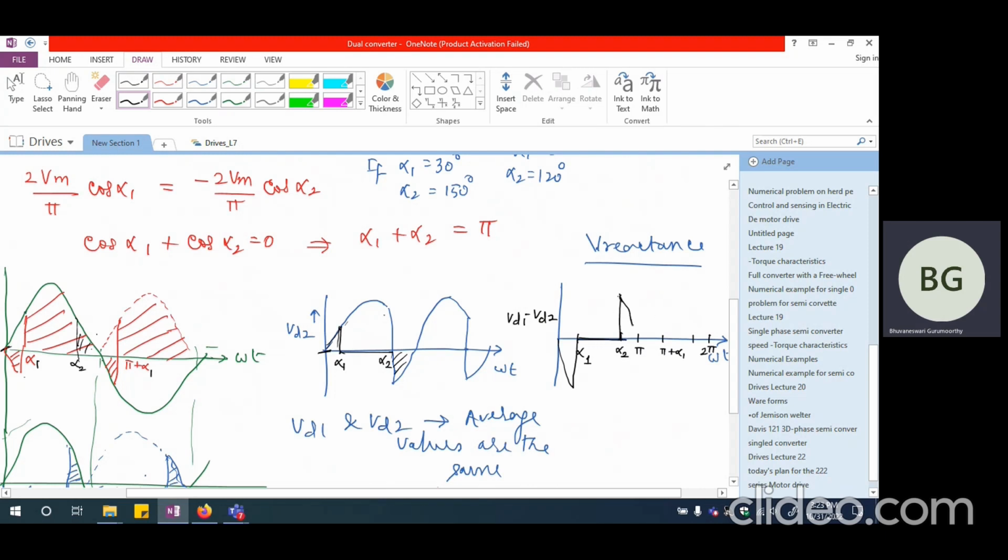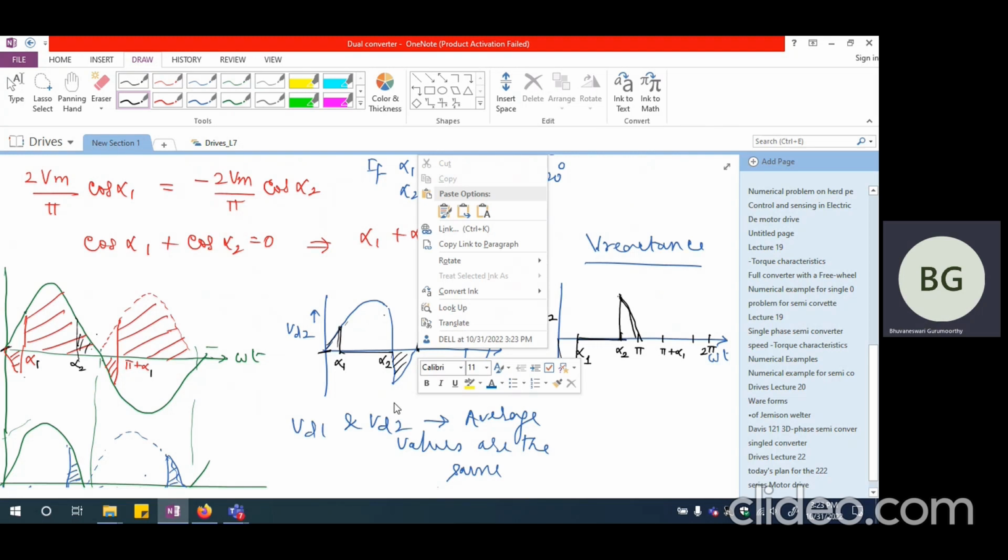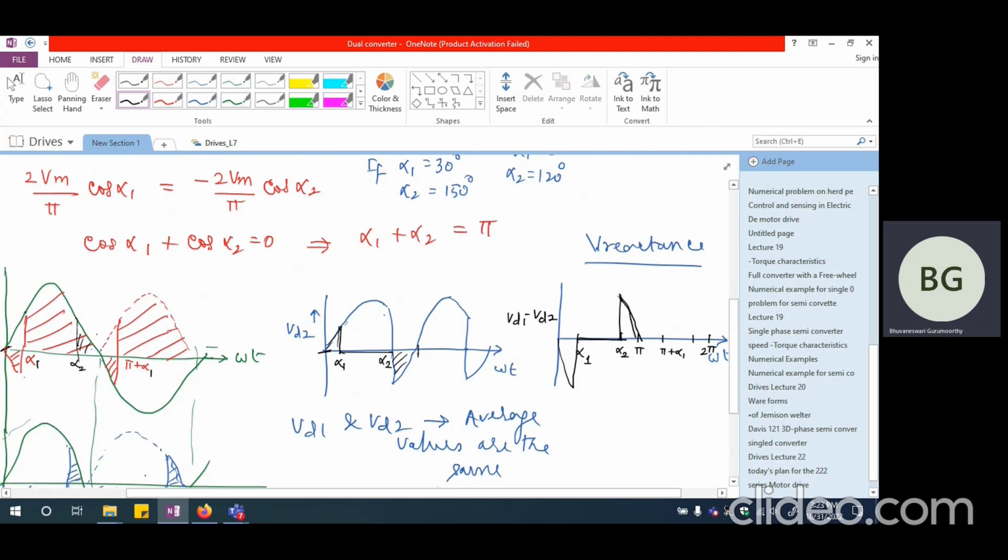After that, from here onwards, you have a positive voltage starting here, which is pi plus alpha 1.